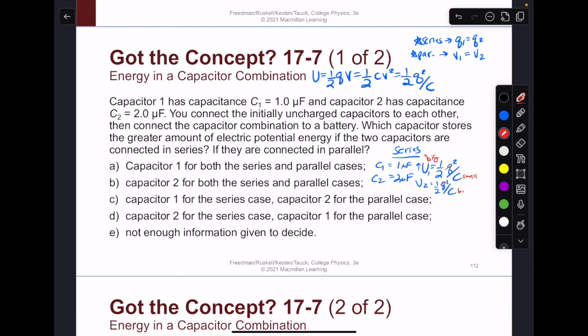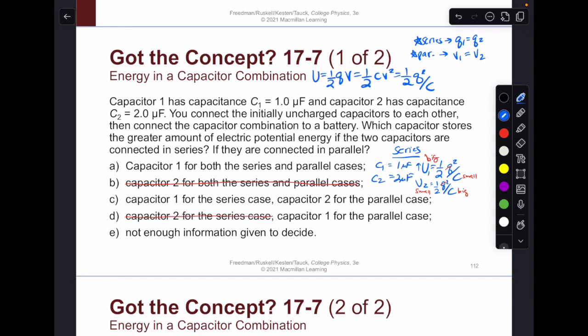C2 is big, which would make U2 small. So C1 has the greater potential in the series case. So we can rule this out because here it says C2 for both series and parallel, and then here it says C2 for series, so we can automatically rule that out.